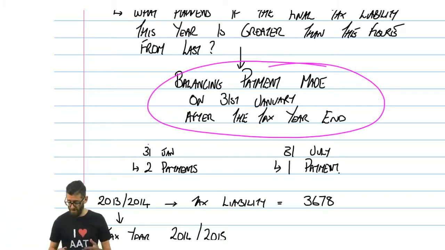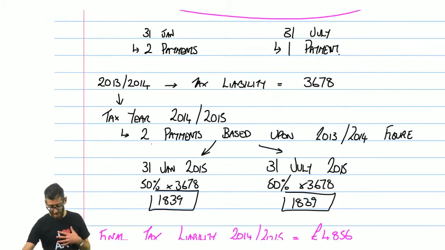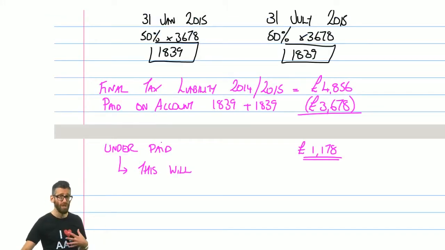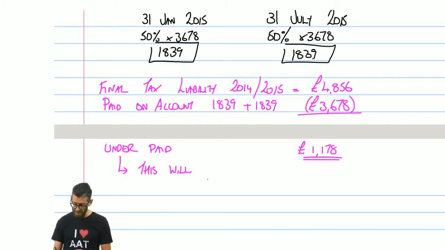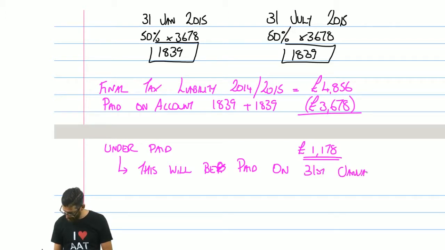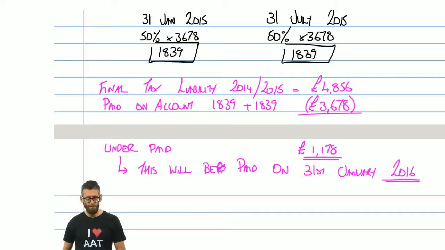Well, the tax year for us has ended in March 2015, and we've given some time to finalise our accounts. So this will be paid not in 2015, but on the 31st of January 2016.